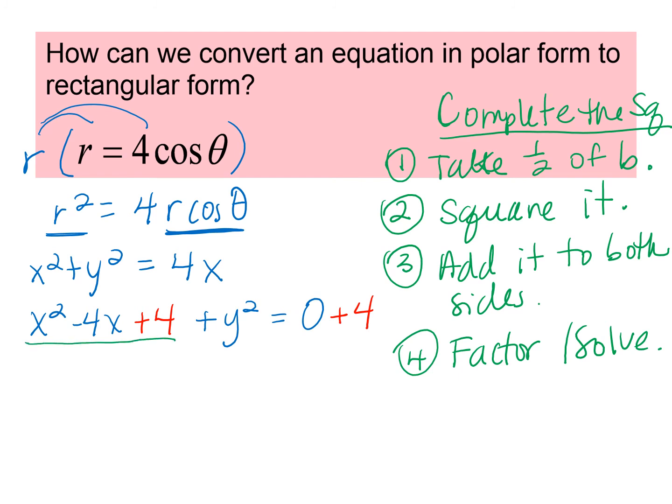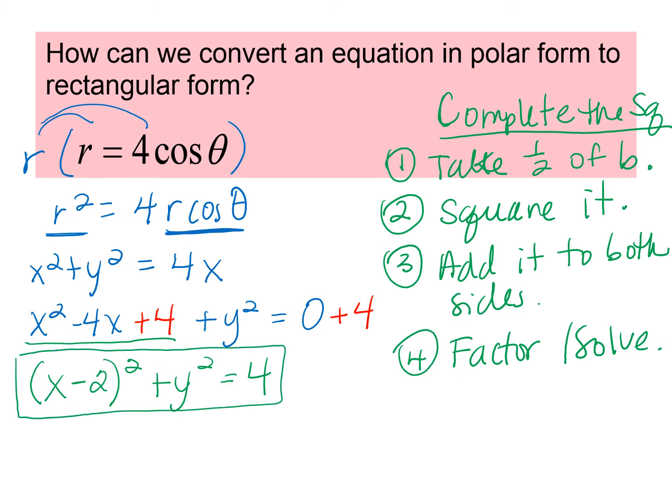So if I take this, remember it's the square root of the first term, and then the first sign, and the square root of the last term. And so we have converted our polar equation into a rectangular equation.